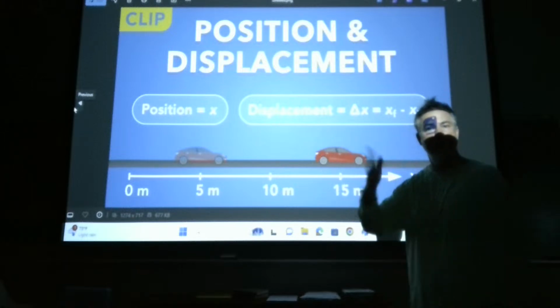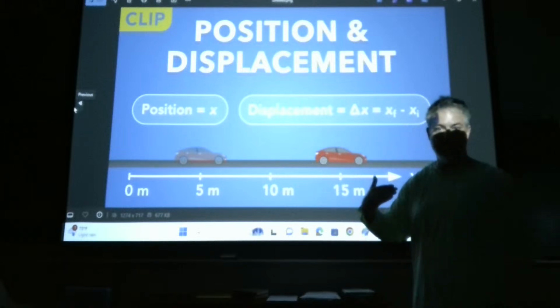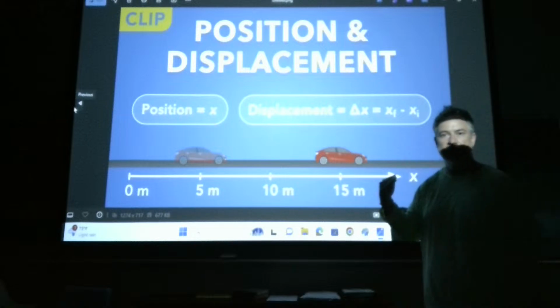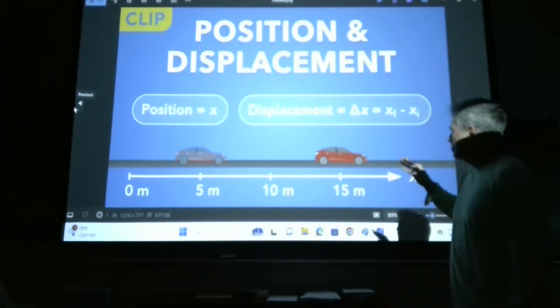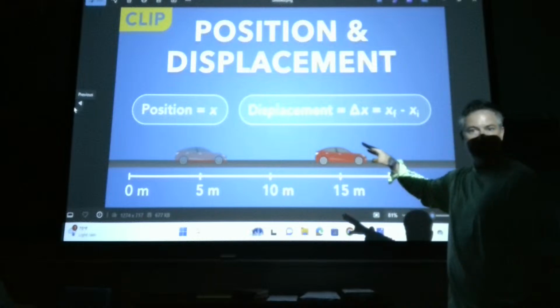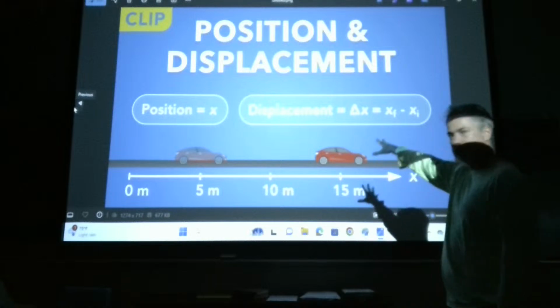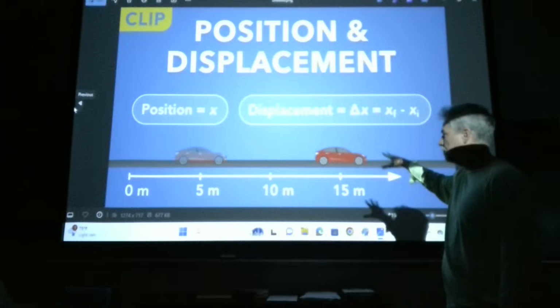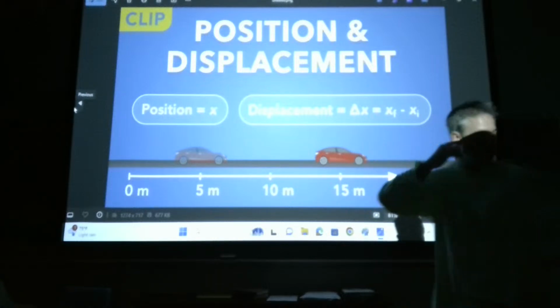There's always going to be obvious position change. So change in position is displacement, movement. We can infer movement from change in position.